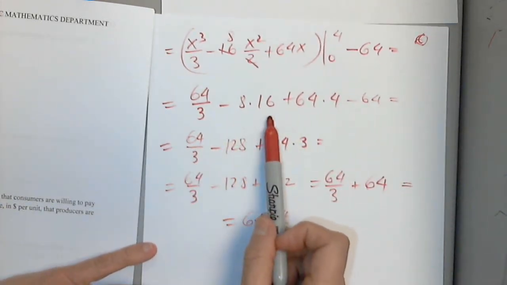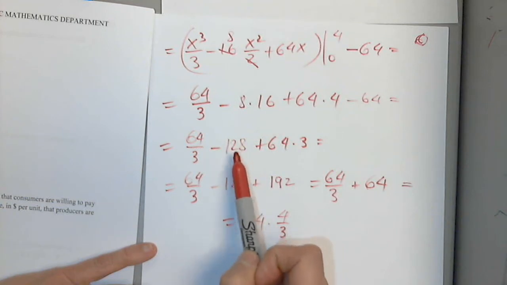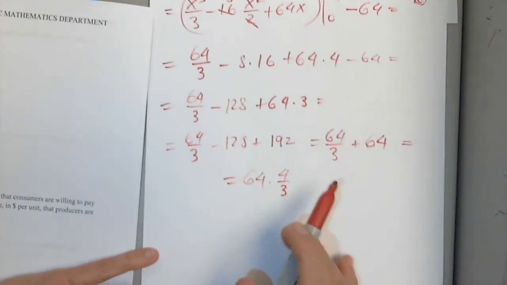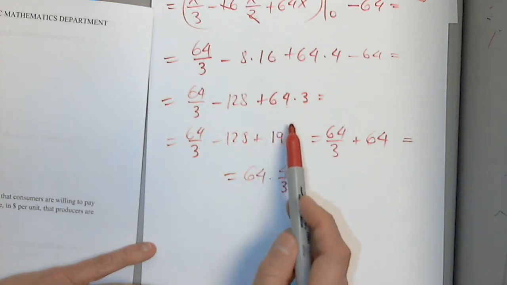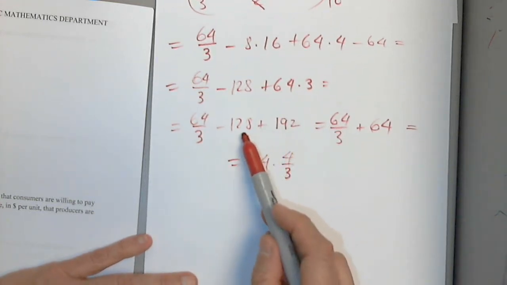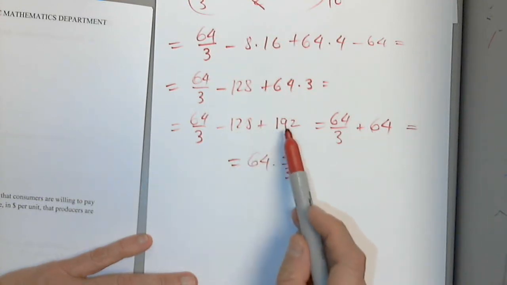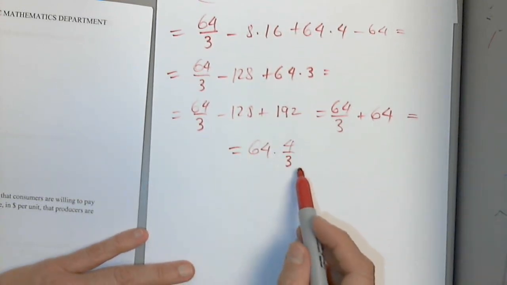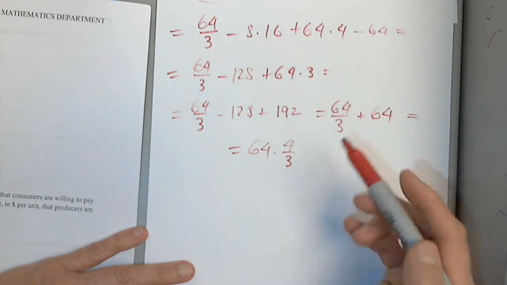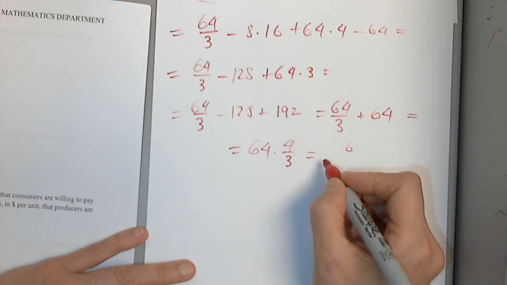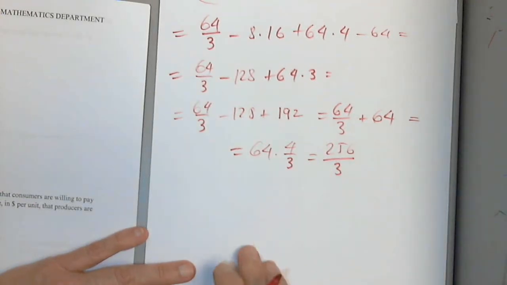So 64. I think this is okay. 4 minus 1 is 3, so 64 times 3. 128, 192, 4. Yes. So this is 256 over 3.